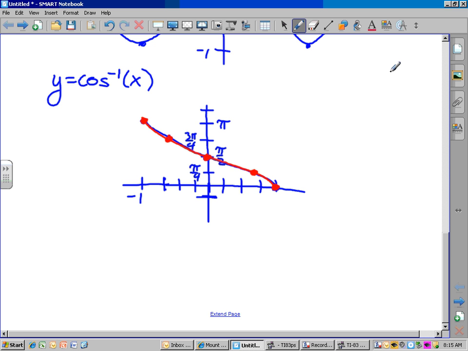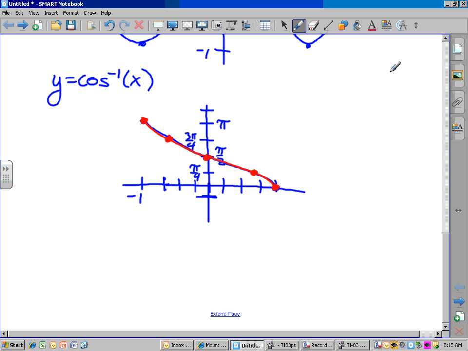Any questions on that one? So you're still drawing it. We're good? Yeah, take 30 seconds. If you're ready to go, you can start drawing the tangent.